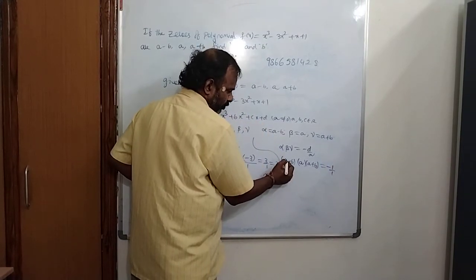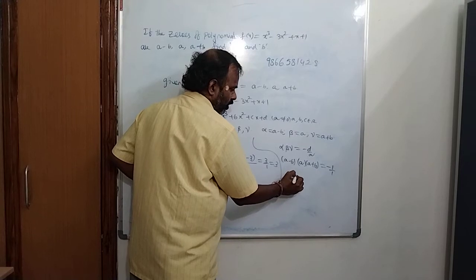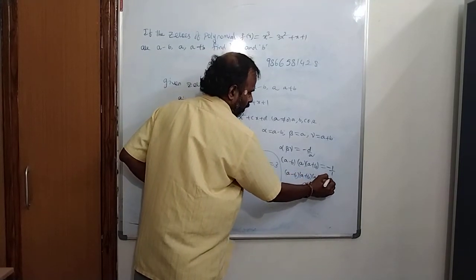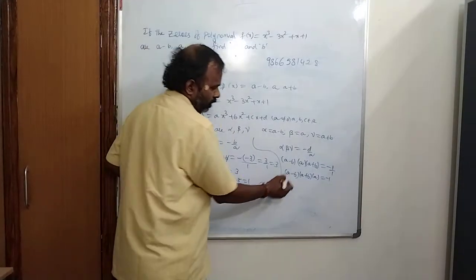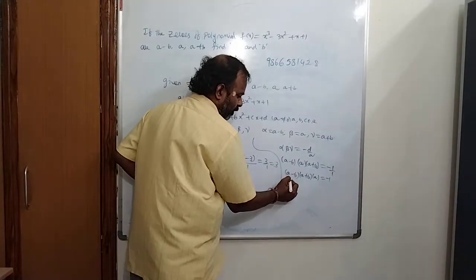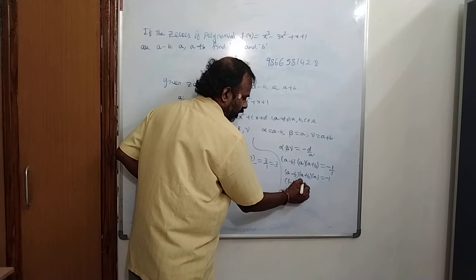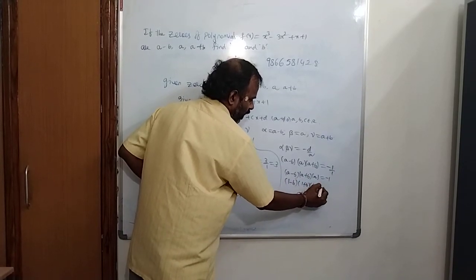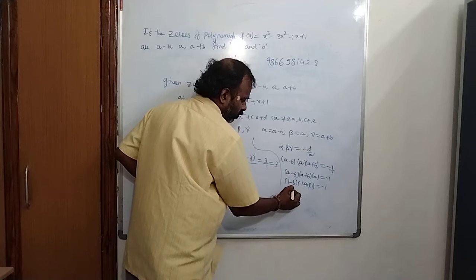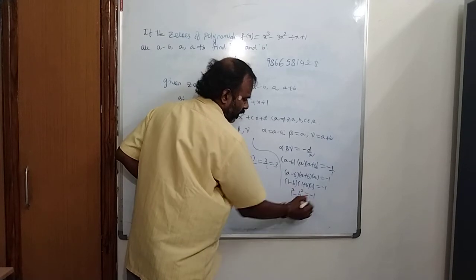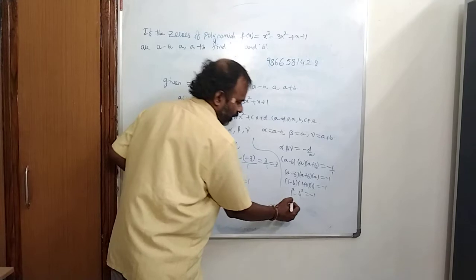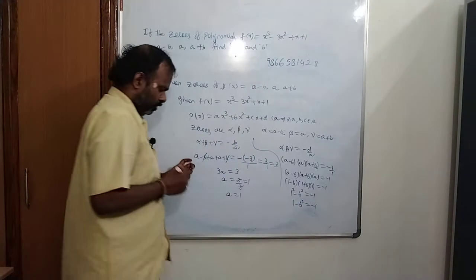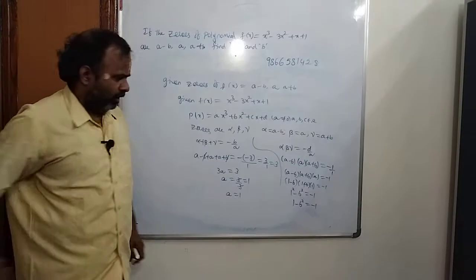So a minus b into a plus b into a is equal to minus 1. a is 1, so 1 minus b into 1 plus b is equal to minus 1. 1 square minus b square is equal to minus 1. 1 minus b square is equal to minus 1.